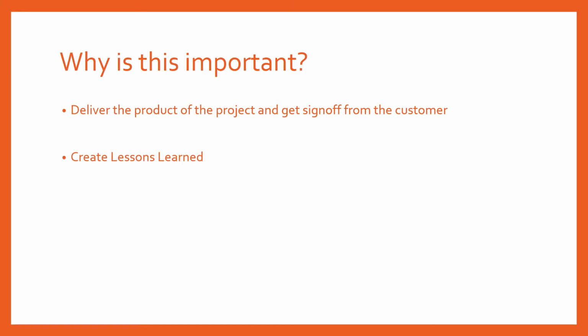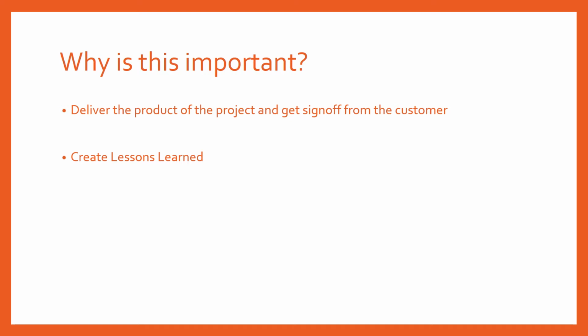Other than that, you create lessons learned, so you complete your entire lessons learned documentation. That is done in this process as well. And if you see these two activities, you completing the entire project and then handing over the product of the project to the customer and getting a sign off, that is when your project completes, right? That's when you have done what you set out to achieve.